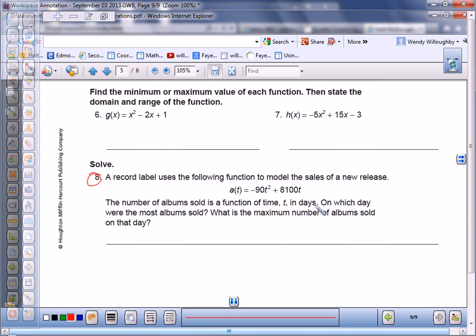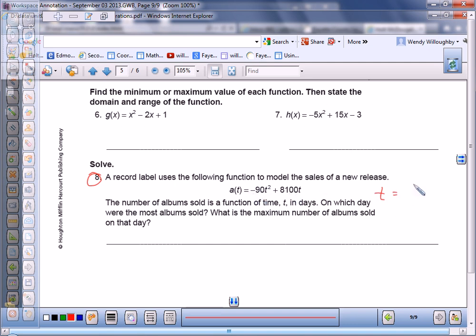So we know that this is a quadratic function. It's squared. How is it opening? Downward. So the vertex would be the maximum value, wouldn't it? So to find the x value at the vertex, which for us is going to be t, do you see that t is our independent variable? We're going to do negative b over 2 times a.